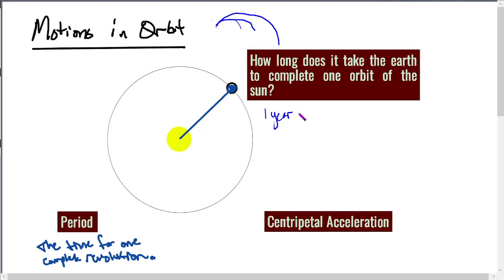1 year equals, for us, 365.25 days. And we know it's 0.25 because every 4 years we have our leap day.